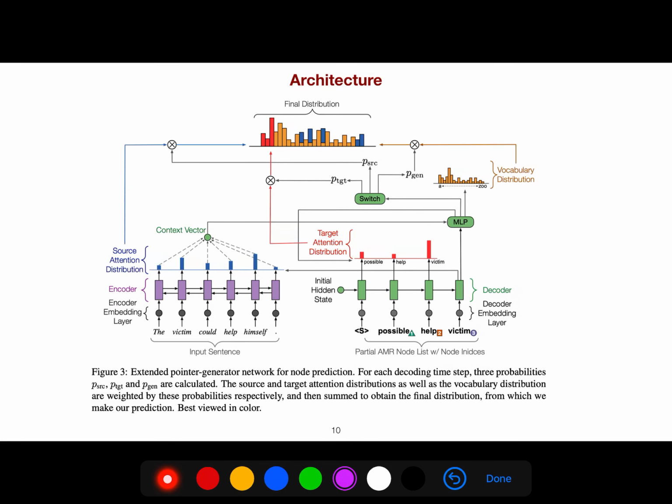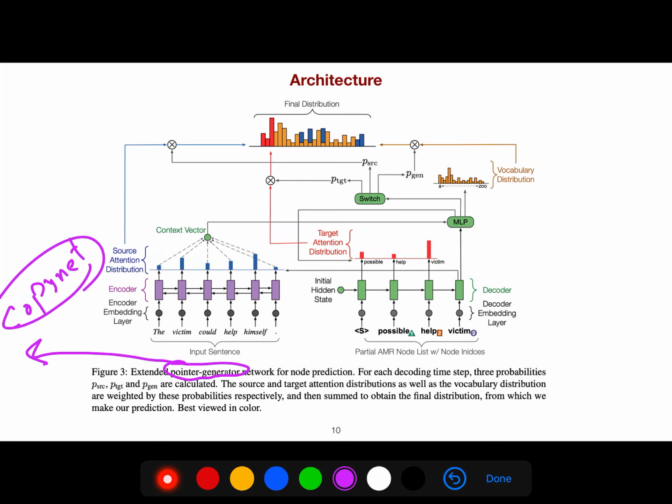So the architecture is like this. You can look at it as a sequence to sequence model. They use a pointer generator. I've explained this in my playlist for summarization. It's an article from Professor Christopher Manning, an alternative to that Chinese article, CopyNet. Both of these articles are interesting.